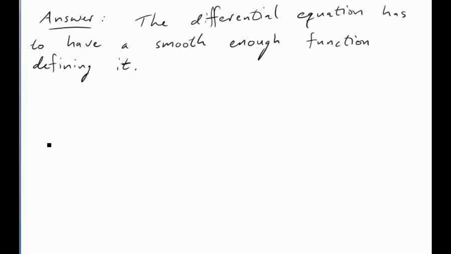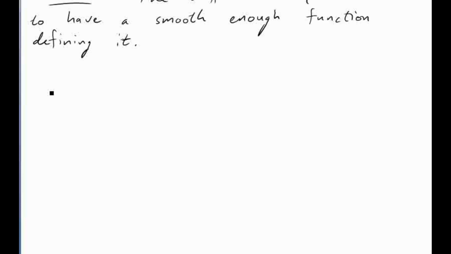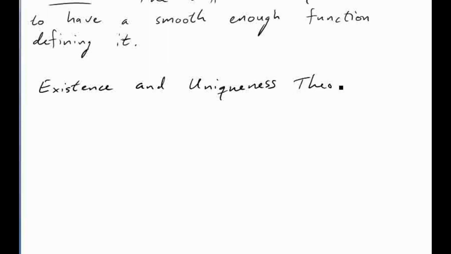So to make this more precise, we're going to have the existence and uniqueness theorem. All right, so this has a few moving parts, so let's just spell them all out.